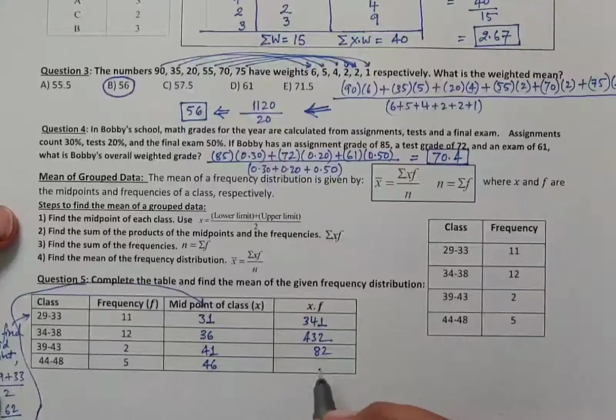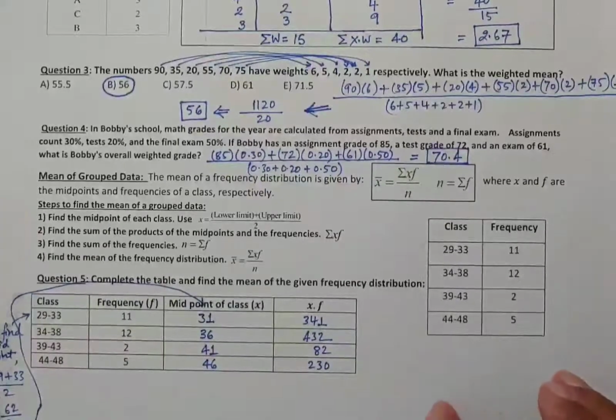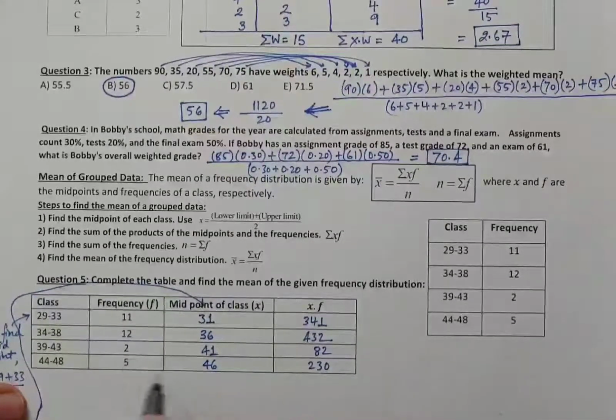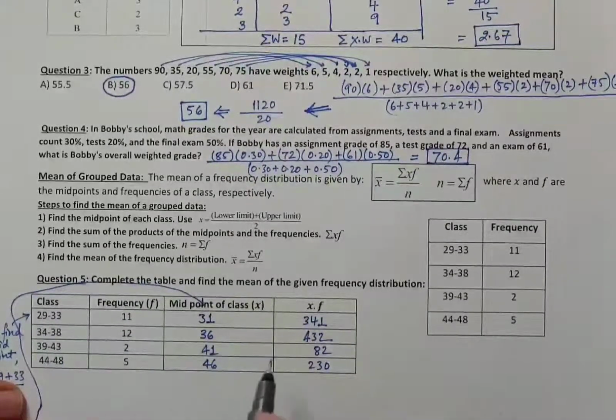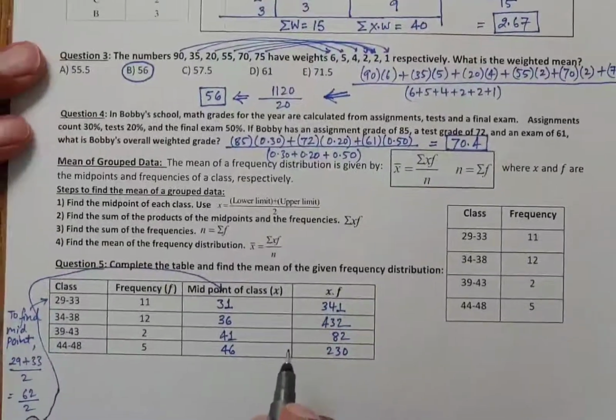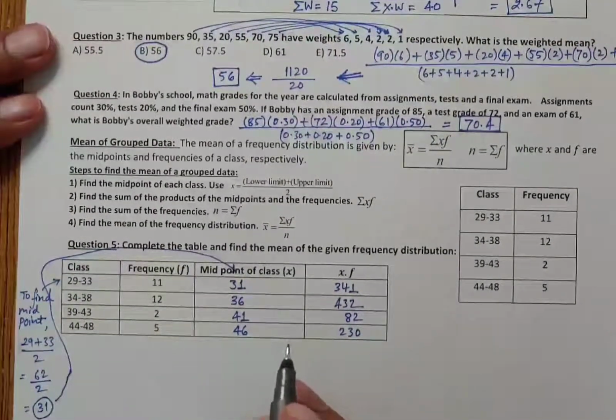And 5 times 46 is 230. Okay, so we multiply the number and the frequency.